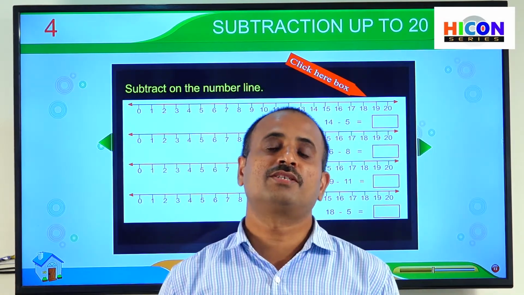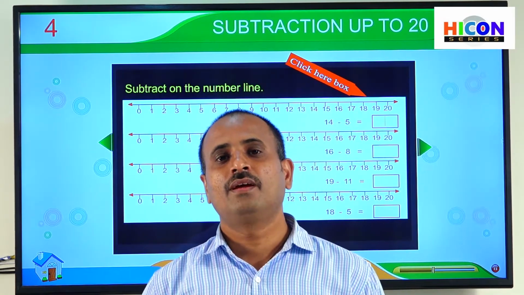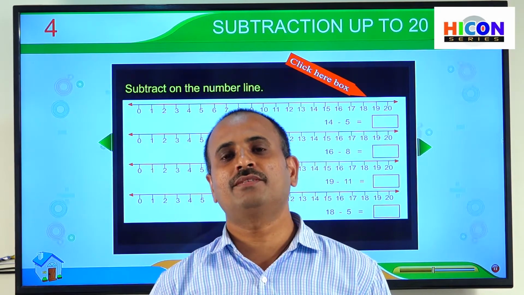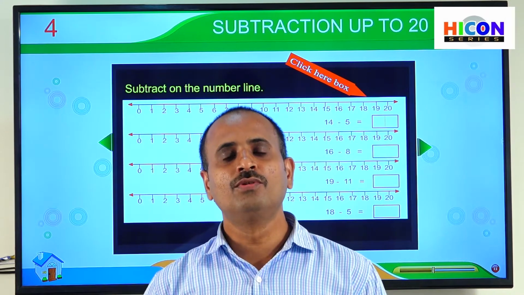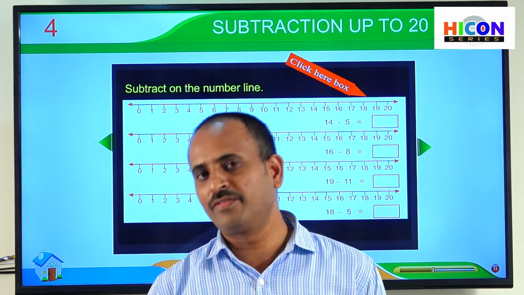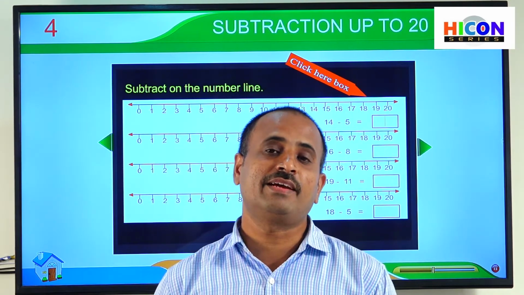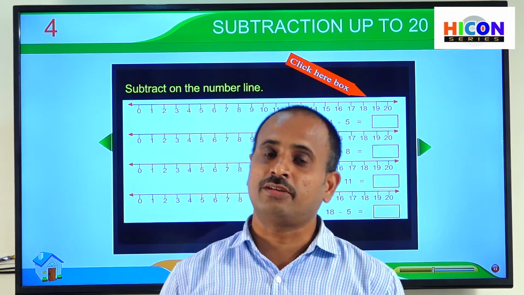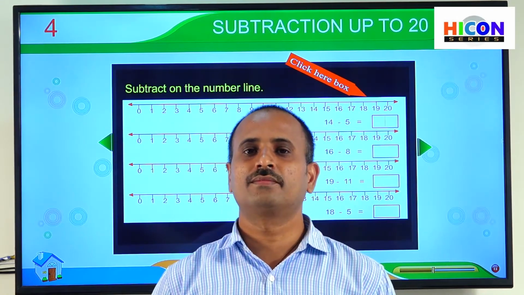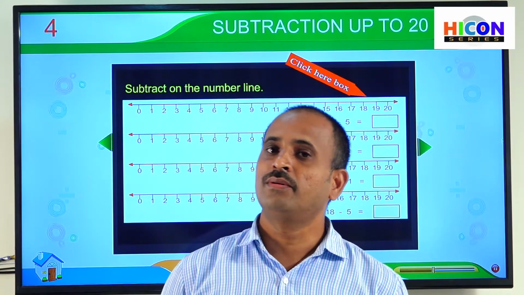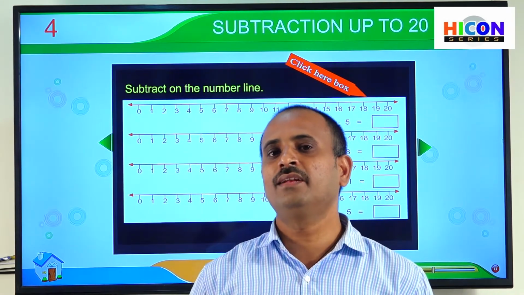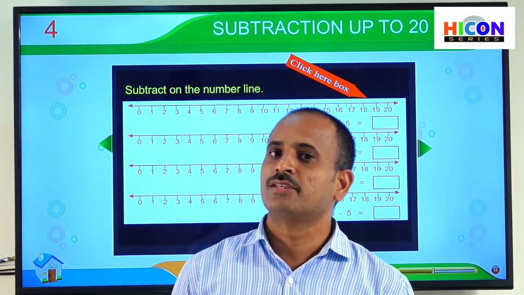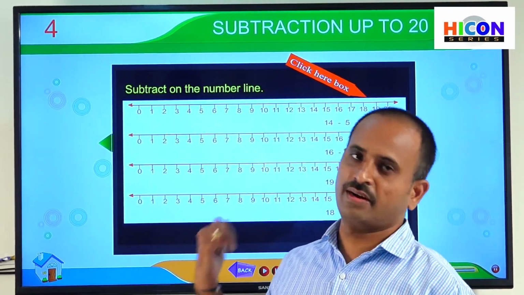Now we have discussed what subtraction means, the symbol used for subtraction, and how to take away a number from the given number, which can be represented by striking off objects. And now we have discussed how to do subtraction on the number line, and we will practice some more problems on the number line.